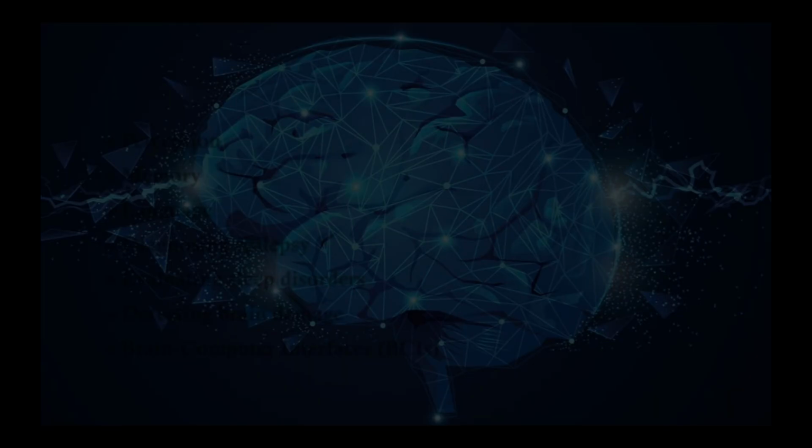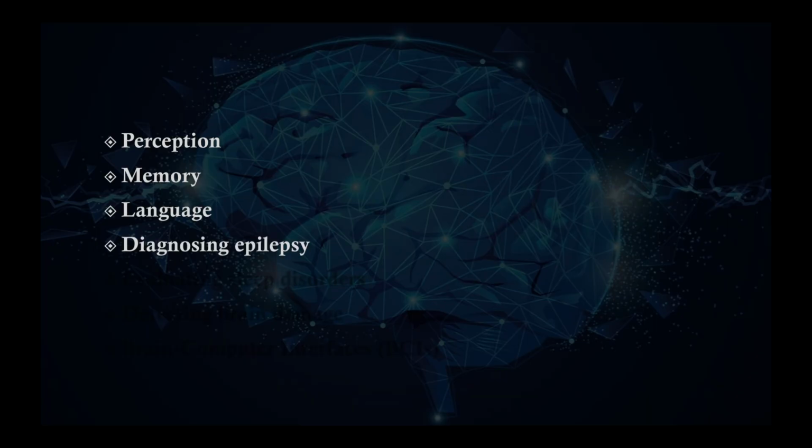If you want to study the perception of any human, how our brain perceives, we can do it based on EEG. If we want to study memory, how memory works, we can do it based on EEG. We can also analyze language perception and language study.